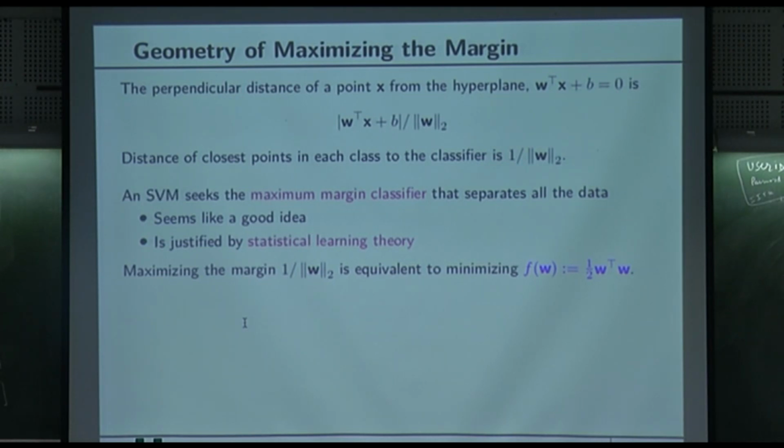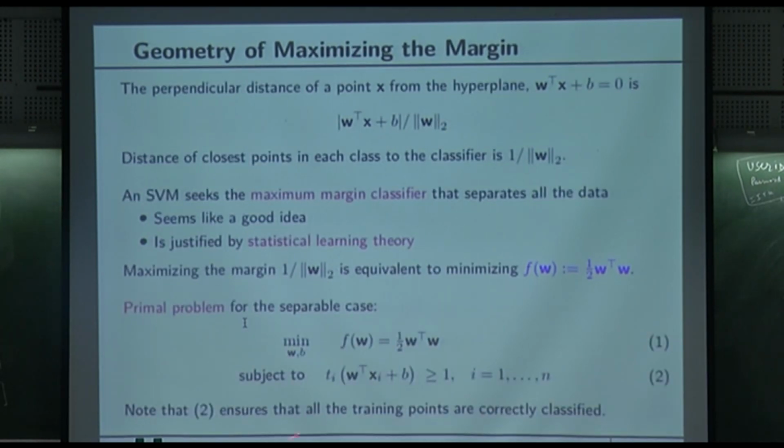Alright? Very good. So now we end up getting this optimization problem. You want to minimize the objective function f of W, which is 1/2 of W transpose W, subject to the constraint that Ti, the label, times W transpose x plus b is greater than or equal to 1. Now how did that happen? So what does this inequality basically mean?